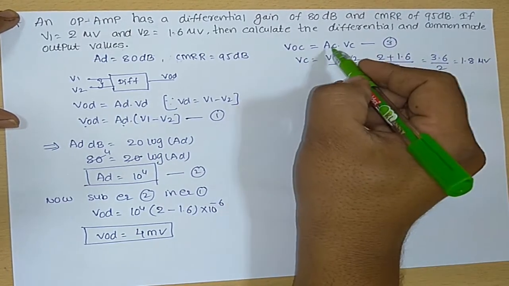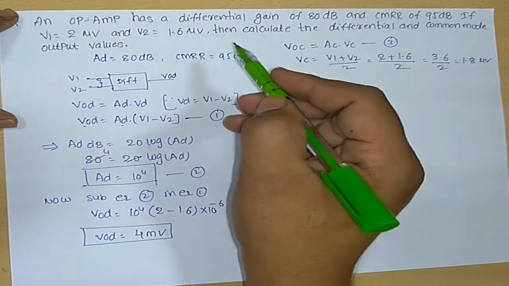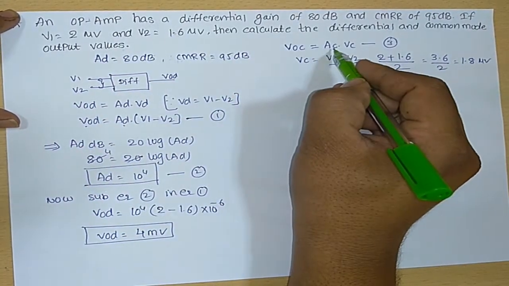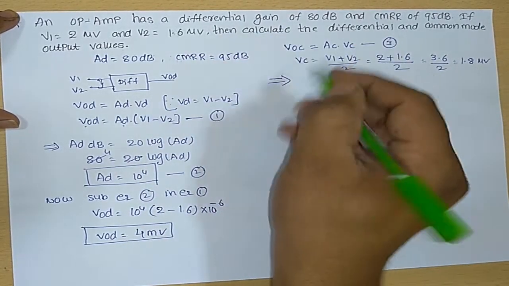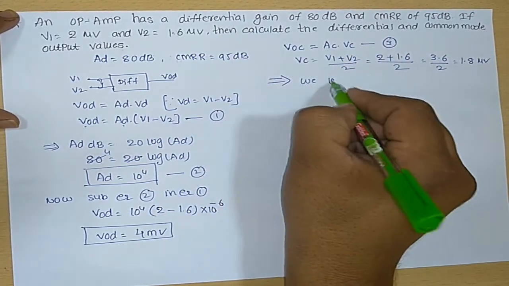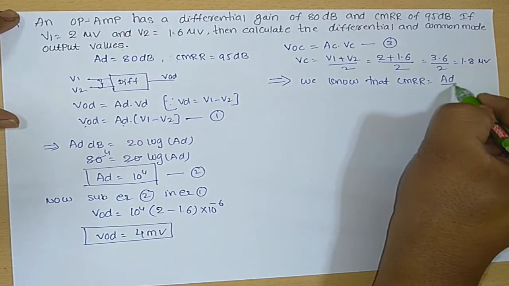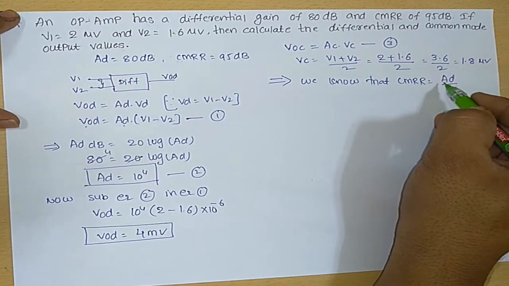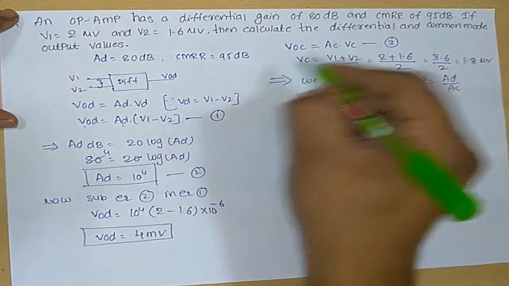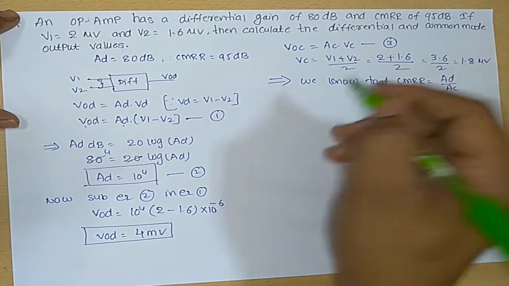How do we get this common mode gain AC? With respect to the CMRR, we calculate the common mode gain. From the given data, we know that CMRR equals AD by AC. All these values are in numericals, but here they give the CMRR in decibels, so now we convert to numerical values.